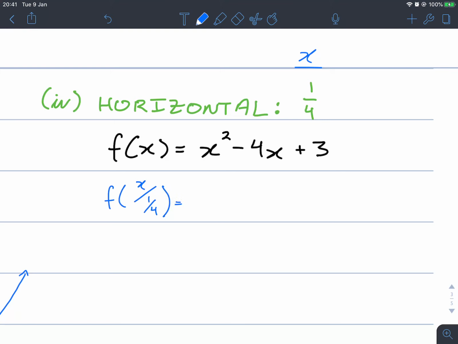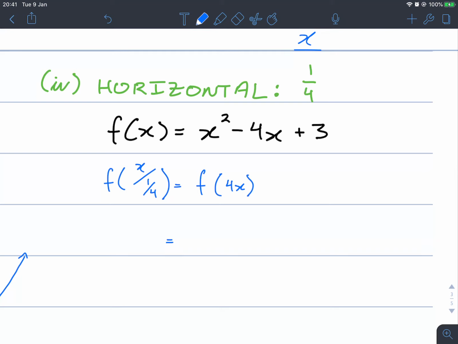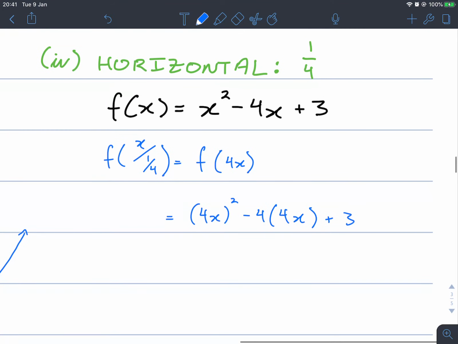If you think about this, this is the same as replacing this as f of 4x, because x divided by 1/4 is the same as multiplying by 4, which is now going to be 4x squared minus 4x plus 3, giving us 16x squared minus 16x plus 3.